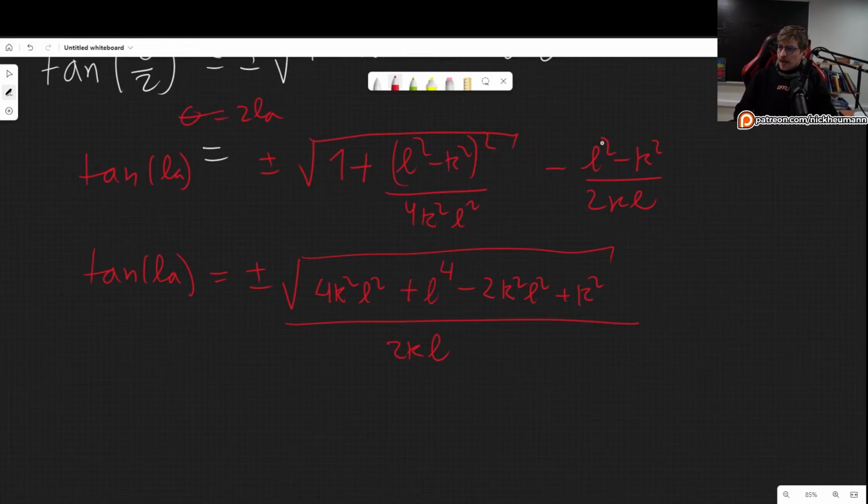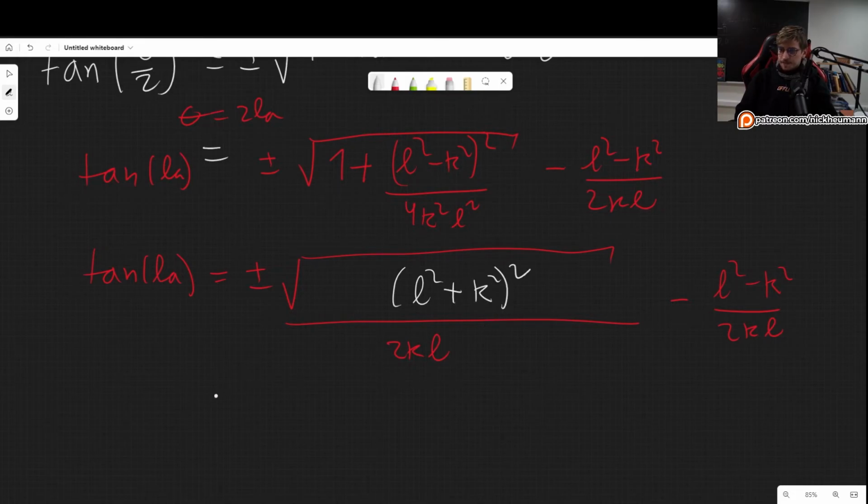Okay, and now this other part will be the same. So minus L squared minus K squared over 2KL. And notice that in here, this and this cancel out a little bit. So we get plus 2KL squared, which is simply L squared plus K squared squared.